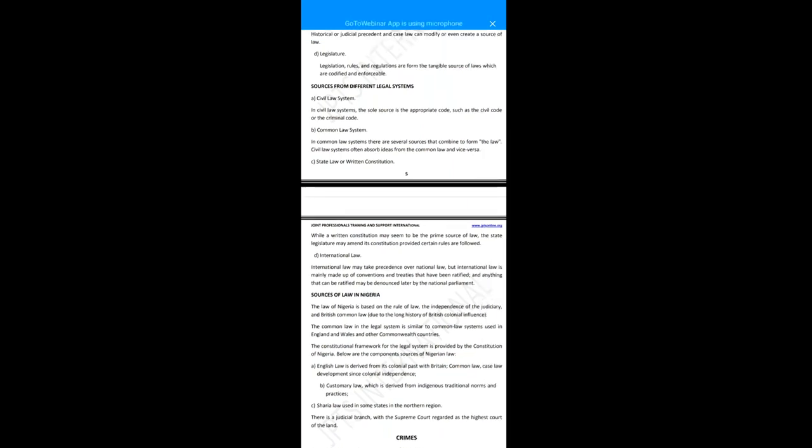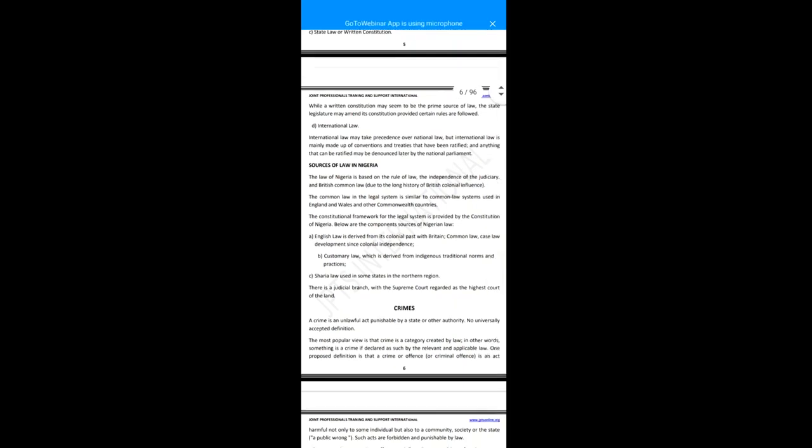Now, the international law, which is law between 2 or 3 countries, can be changed at any time. It's only made up of conventions and treaties. Treaties in the sense that to rectify a specific problem within 2 or more countries, to amend or fix a particular problem that can benefit 2 countries. That's international law. Let's come to Nigeria.